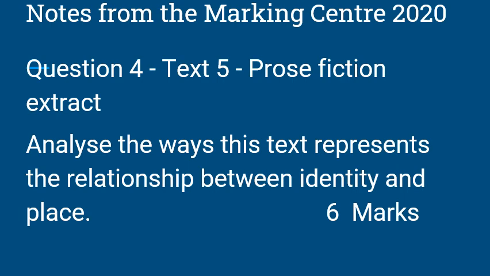So when you look at that question, you've got to read through it, okay? You've got to make sure you're clear about what you're being asked and how you're going to answer this question. So analyze the ways, plural. This text represents the relationship between identity and place. So you need to talk about the relationship between identity and place.